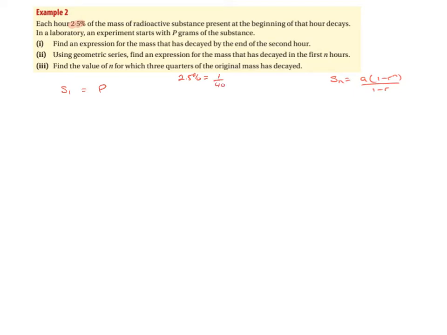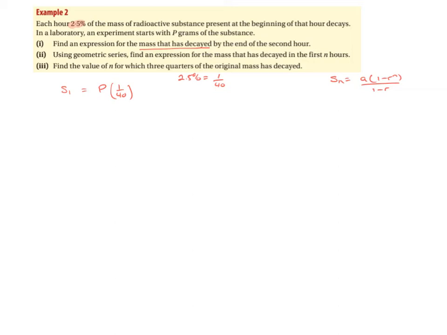So at the end of the first hour, 1/40th of P has decayed. That's what's asked, the mass that has decayed by the end of the second hour, and we've just done the first hour. If 1/40th of P has decayed, that means that 39/40ths of P is left.